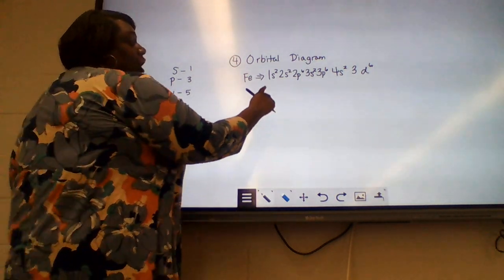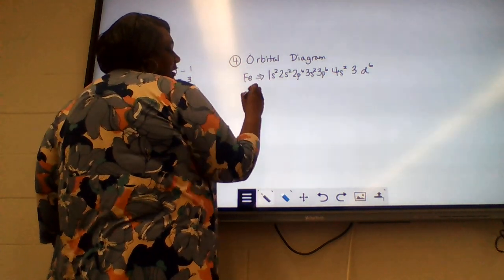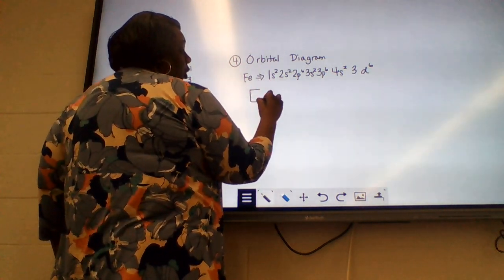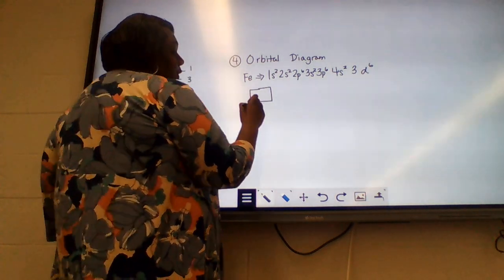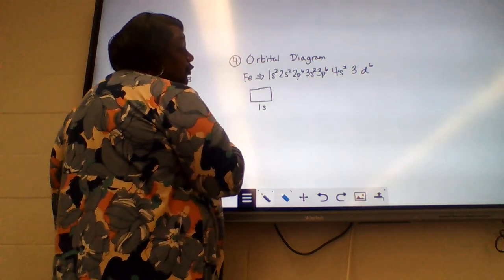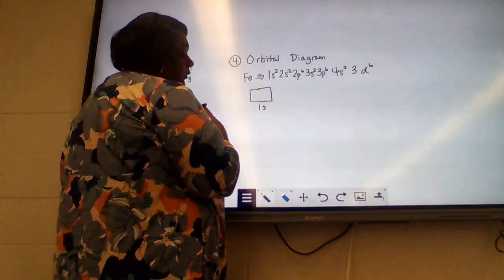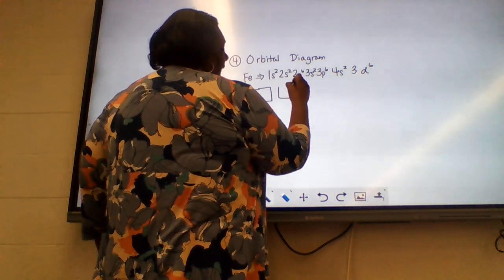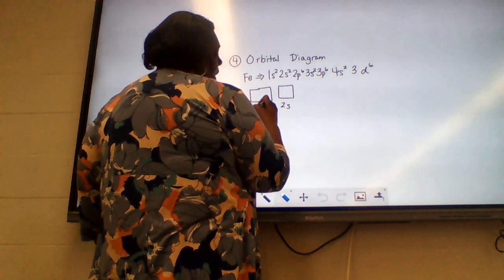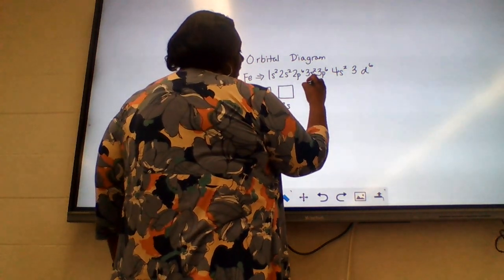Everywhere that I have an S, I'm only going to draw 1 orbital. You can generally draw your orbitals as boxes or circles, but you do need to make sure you have labeled those. So everywhere I see an S, I'm going to draw 1 box and label it. So I've got 1s, I've got 2s.